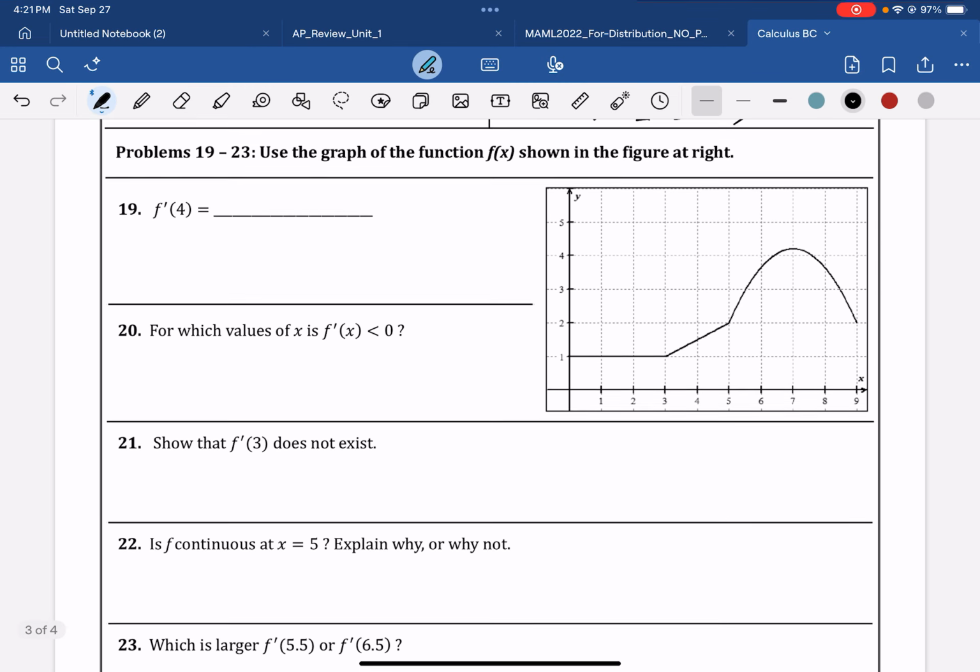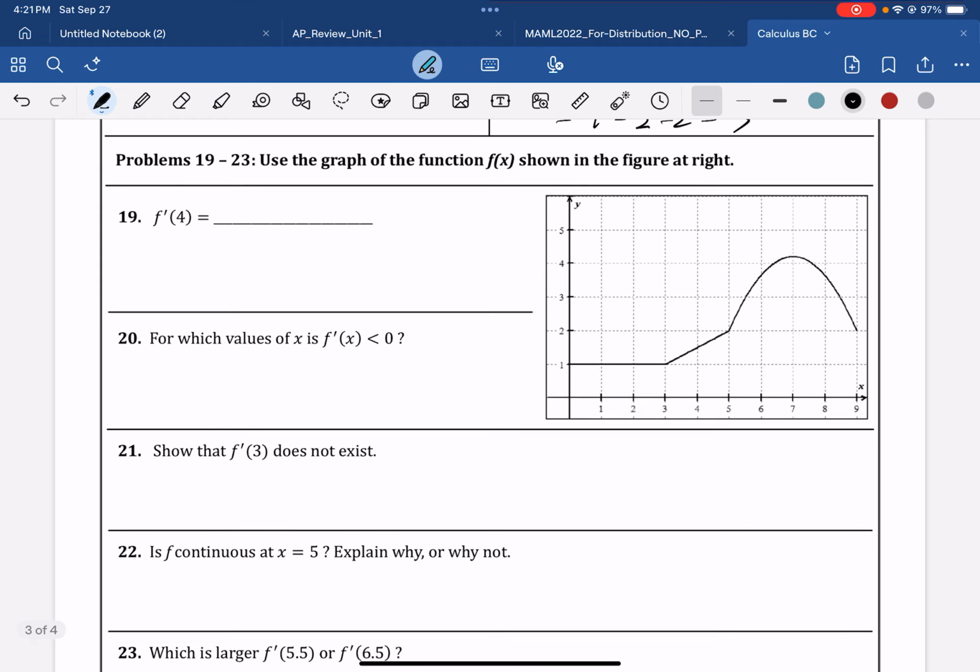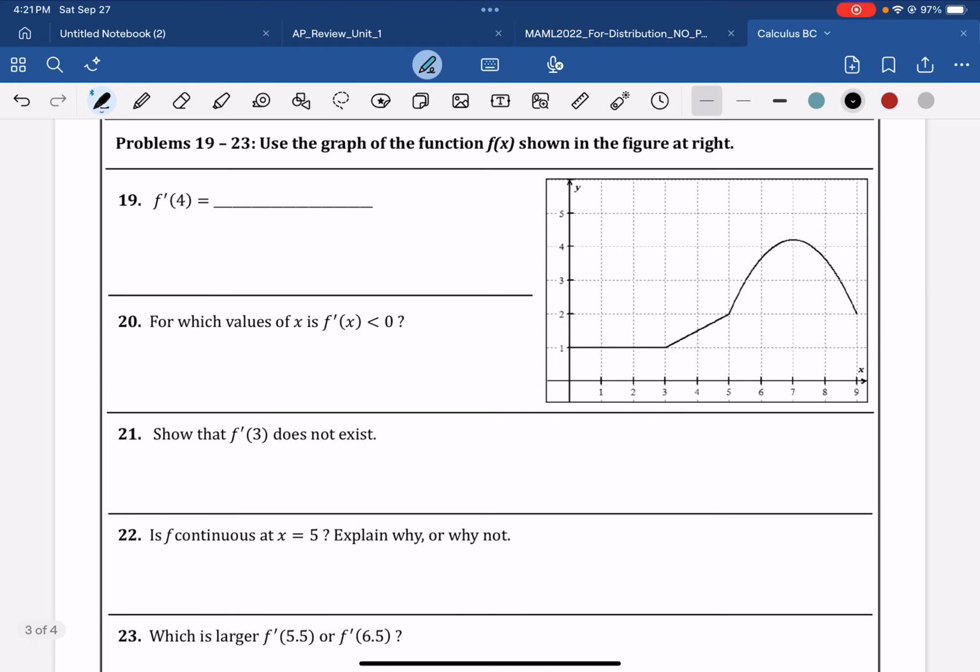Next question, problems 19 to 23: use the graph of f of x shown in the figure at the right. The first one is to find f prime of 4. F prime of 4 is the instantaneous value, which means the slope of this line.